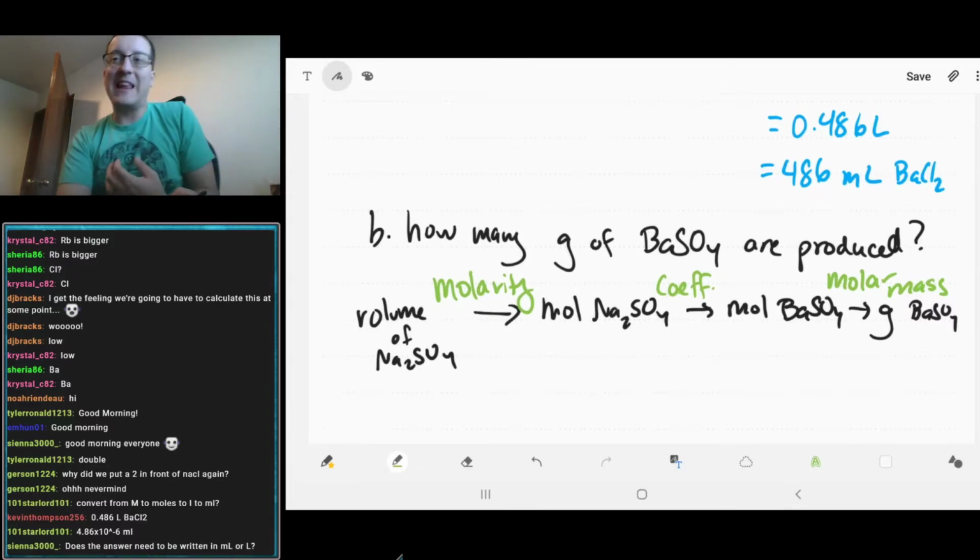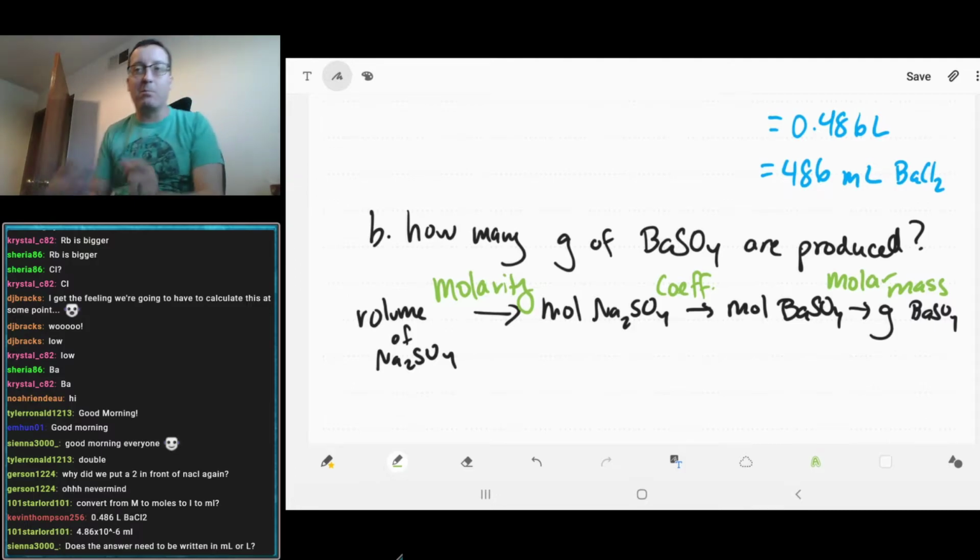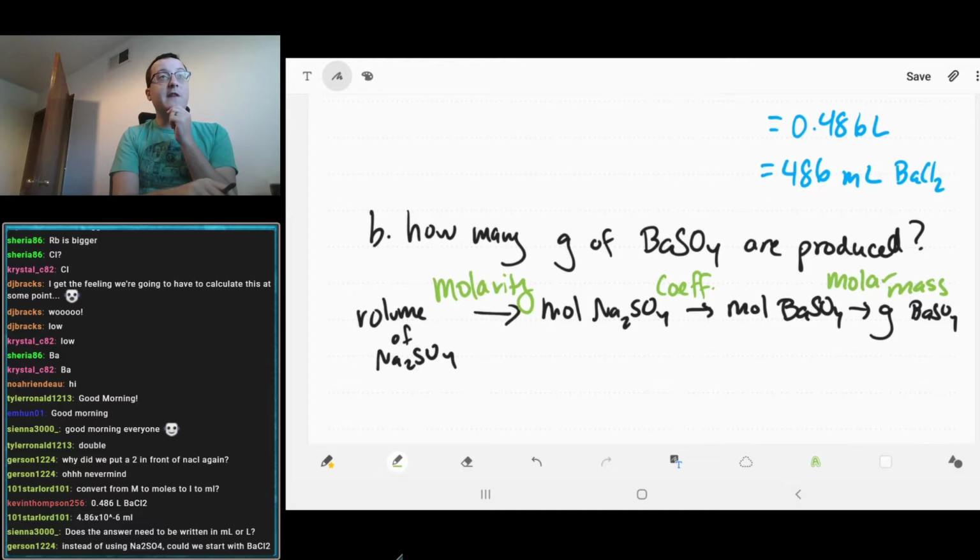So we have planned out, starting from that middle part using the reaction coefficients. We know we're asked for grams of barium sulfate, so that'll be where we're going to end up. And we know we are given a volume to start with. Yes, very good point, Gerson. If you wanted, you could use barium chloride instead. It does not matter.